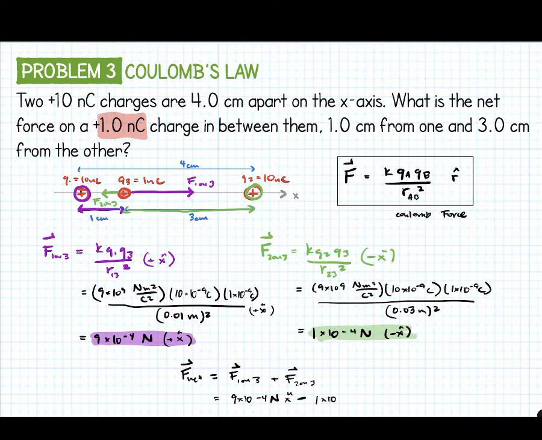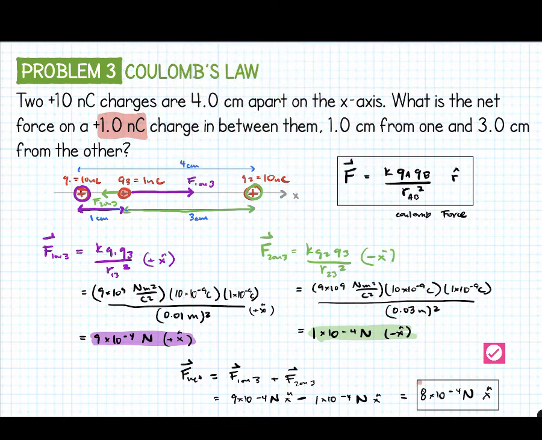Remember, the x hats are important because we're adding vectors. You can't add vectors unless they're along the same axis like this, otherwise you have to do all kinds of trigonometry. So this is not 0 anymore, because you can see this force is much bigger than this force. It's going to give us 8 times 10 to the negative 4 newtons in the x hat direction, which is to the right, a very different answer from 0.